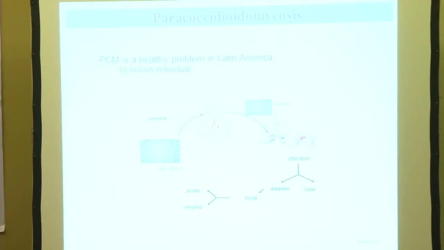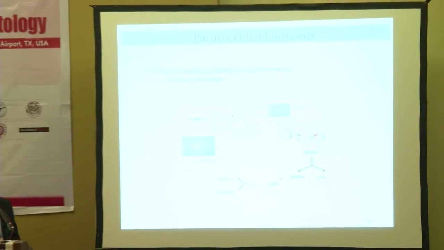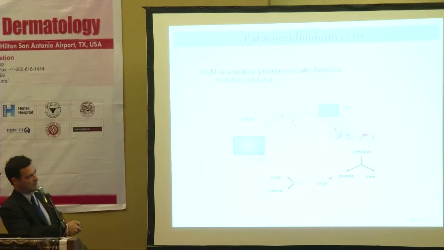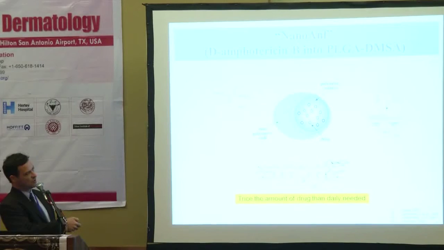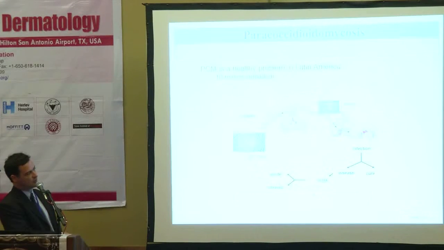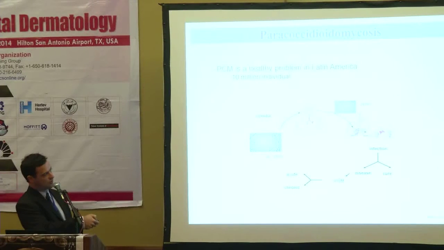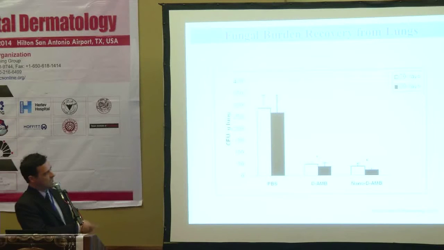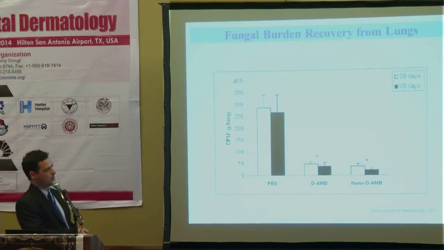Since our experimental model of fungal infection is Paracoccidioidomycosis, which affects especially the lungs, we decided to use this DMSA to functionalize and direct the nanoparticles to the lungs, to kill the fungus inside the lungs. In our results, I'm going to show you the fungal burden recovered from lungs of animals infected and treated with different formulations.